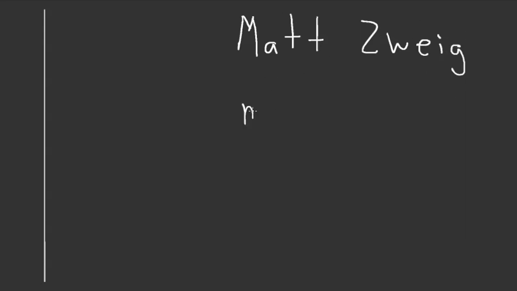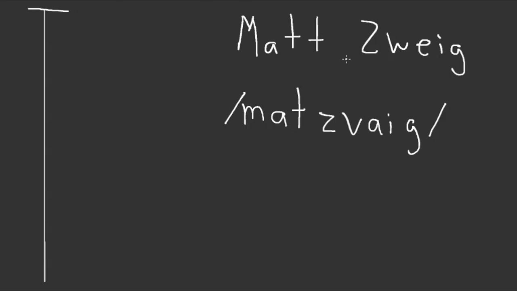Phonetically, this would be Matt, and then Zweig. Actually, it was pretty close in the International Phonetic Alphabet to how it's written in real life. Cool. That doesn't always happen. Sometimes some words are very different in the International Phonetic Alphabet. But we are getting lucky right now.